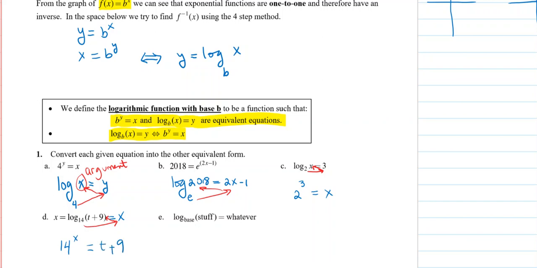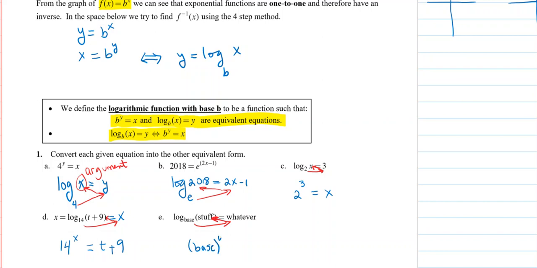And so here's what you would have in general. If you have log in some base of some stuff equals whatever, some other stuff, the way you rewrite this in exponential form, the base stays the same in both forms, but then you write the base raised to that power equals the argument.